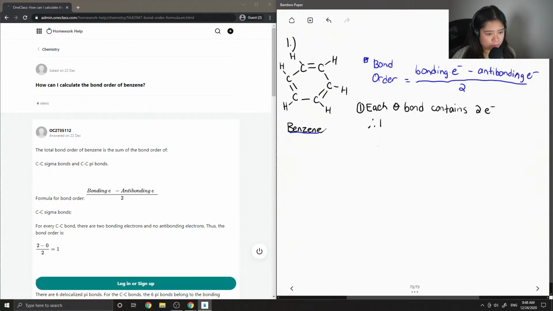Therefore, the bonding electrons is equal to 2, and the anti-bonding electrons, let's put ABE, is equal to 0. So I can calculate the bond order for the sigma bonds. It's going to be 2 minus 0 divided by 2, which is equal to 1.